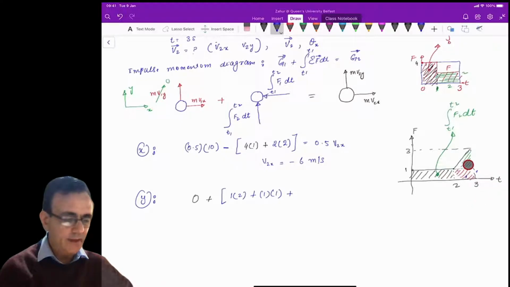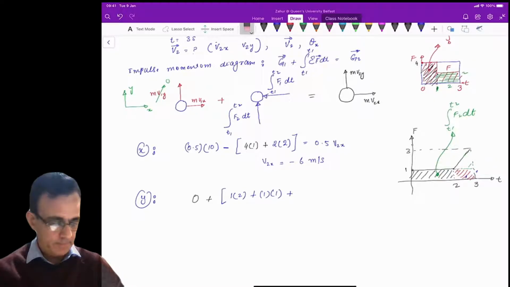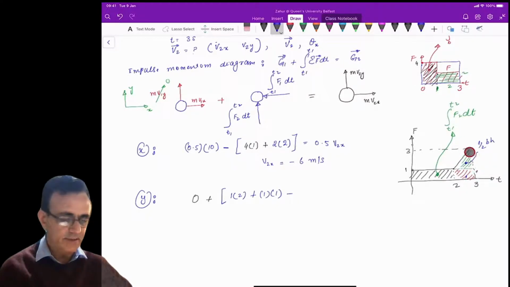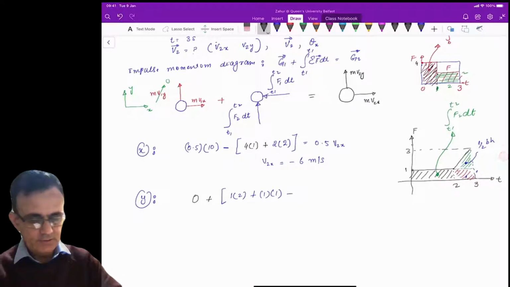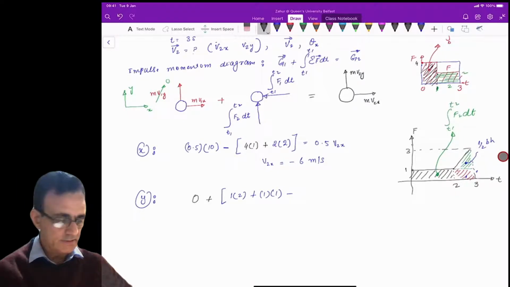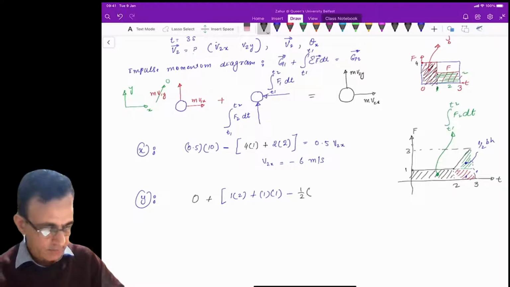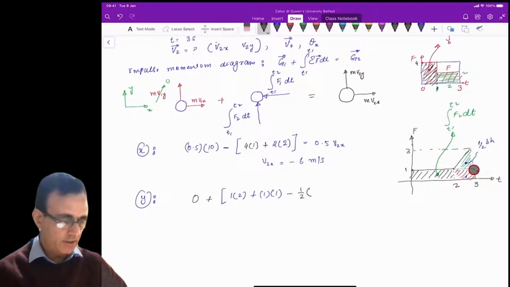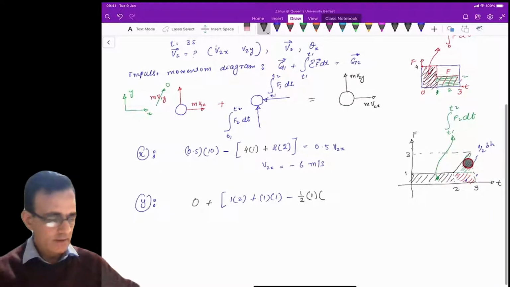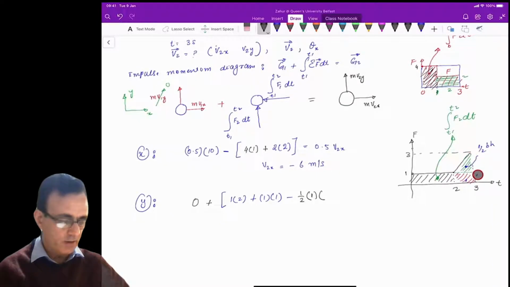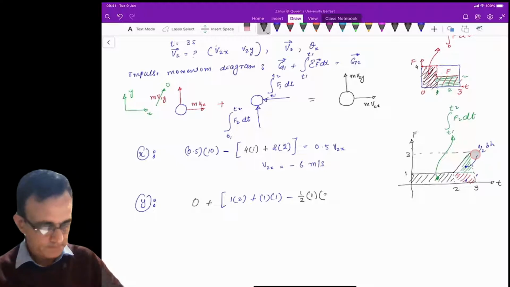And then again, the area of this triangle here, you know the area of a triangle is half b into h, where b is the base and h is the height. In this case it becomes half, and the base here is from here to here, which is 1, and the height is from here to here, from 1 to 3, which becomes 2.